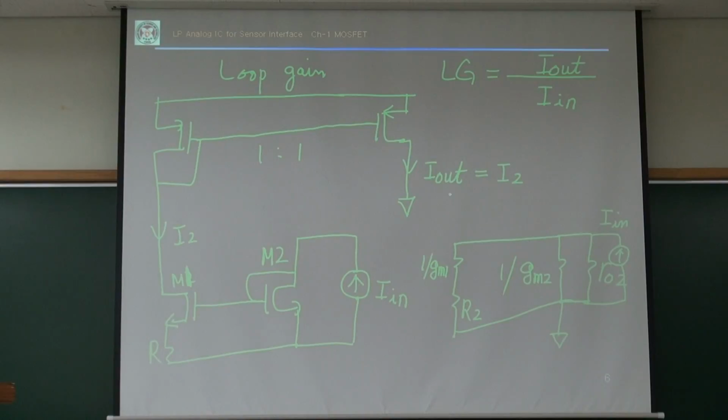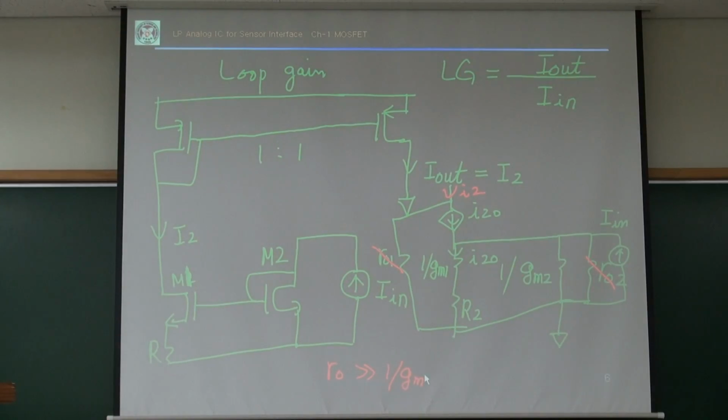This is I2. Oh, this is RO1 actually. So this is my I2. I neglect those RO because my RO is much larger than 1 over GM.